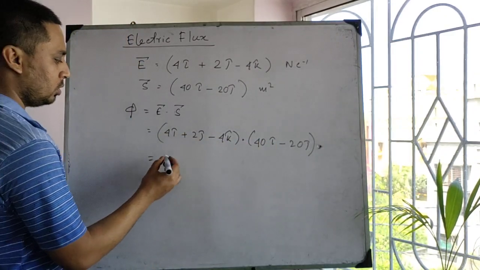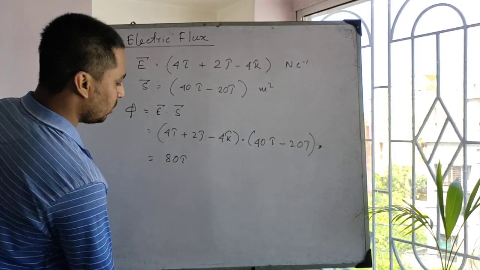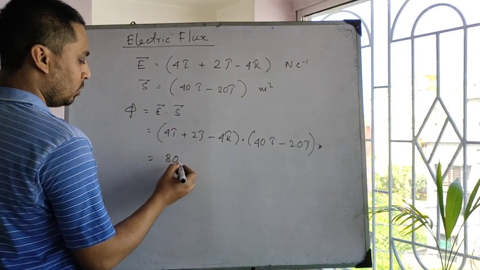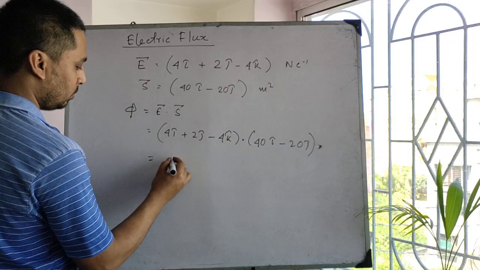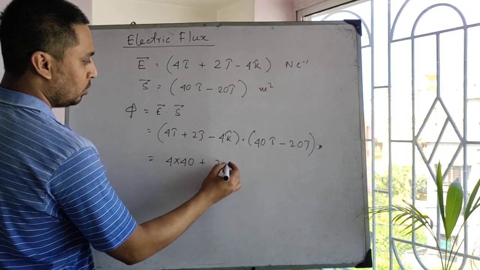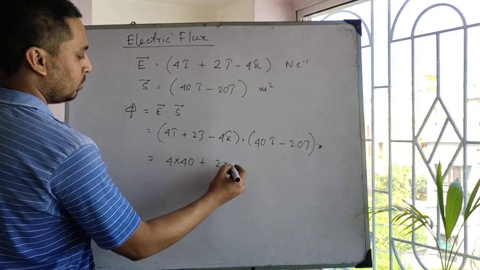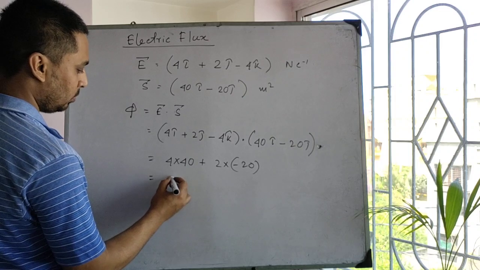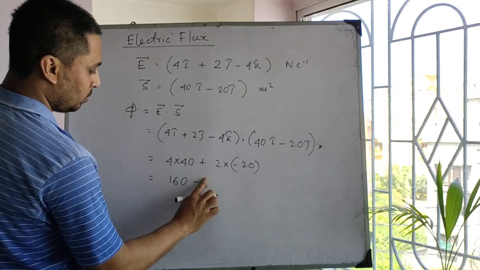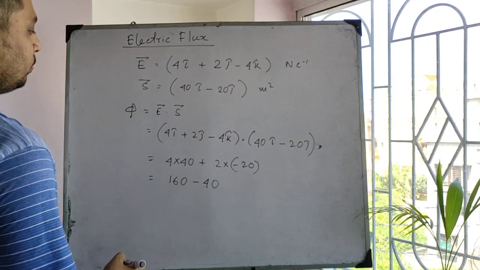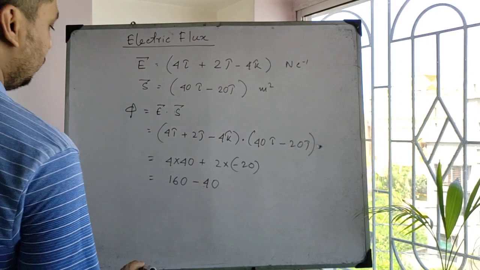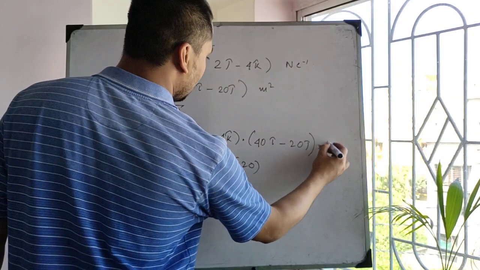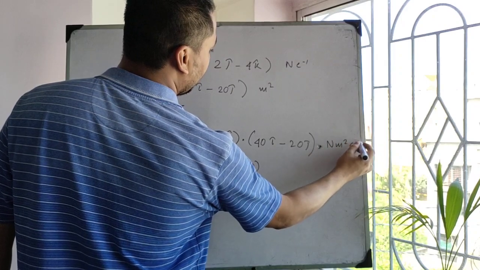so this is, if you perform the dot product, then 4 into 40 plus 2 into minus 20, so the unit is Newton meter square per coulomb.